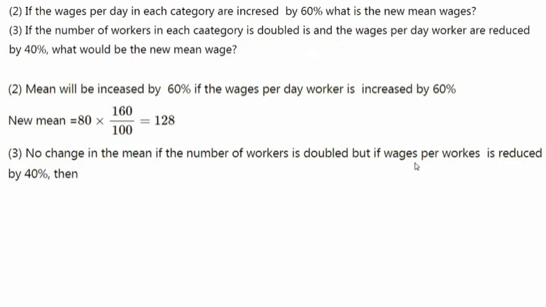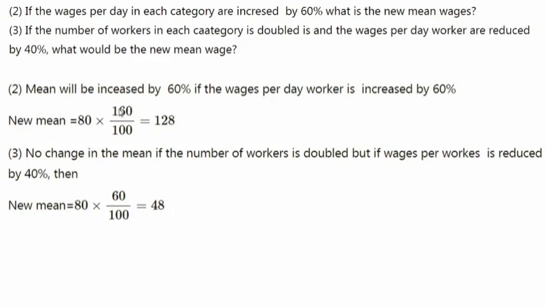So if the reduction in wages is 40%, then the mean will also get reduced by 40%. Out of 100, if you reduce 40, then you are left with only 60, right? So earlier the mean was 80, multiplied by 60 over 100. This will be the new mean.